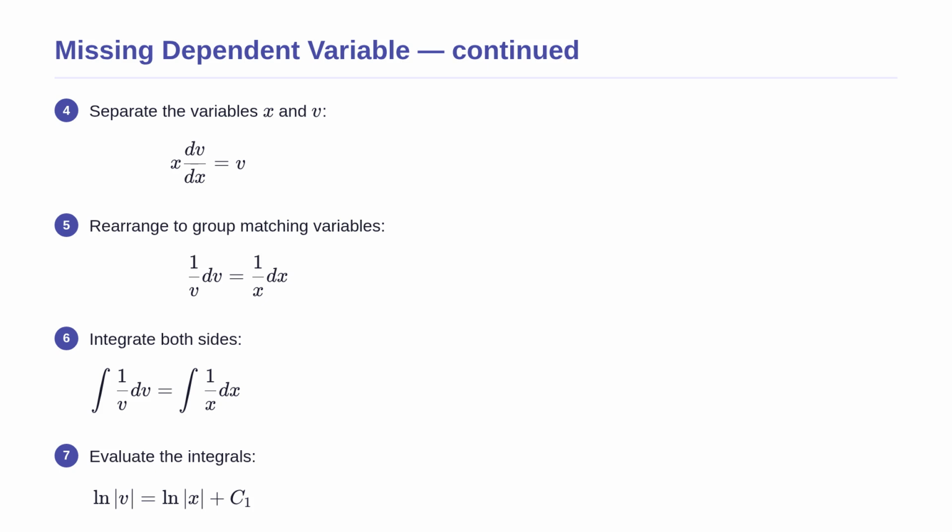Because the variables are now completely isolated, we are mathematically clear to integrate both sides independently. We apply the integral sign to both sides. Integrating 1 over v gives the natural logarithm of v, and integrating 1 over x gives the natural logarithm of x. We also add our first constant of integration c1, which represents any arbitrary number lost during the initial differentiation.